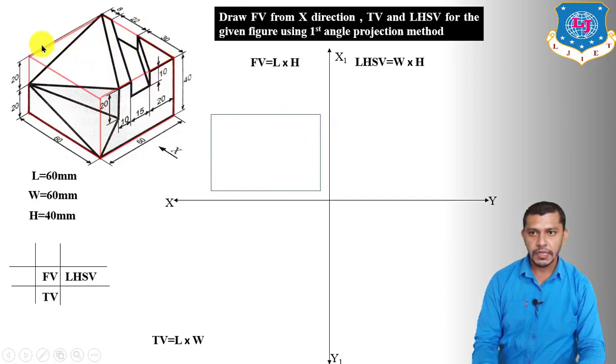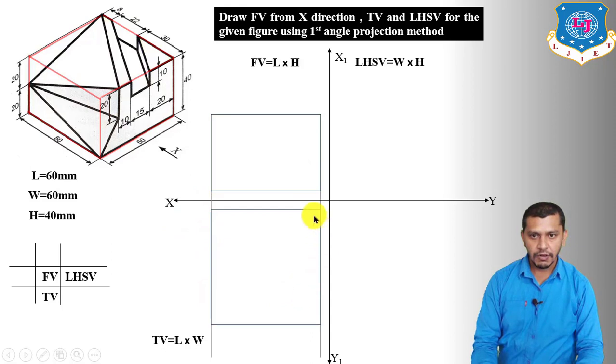The top view will be a rectangle having length 60 and width 60, so it will be a square having length 60 and width 60. First of all project the length from the front view and measure the width vertically. It will be a square having length 60, width 60, and this square will be the top view of this cuboid.